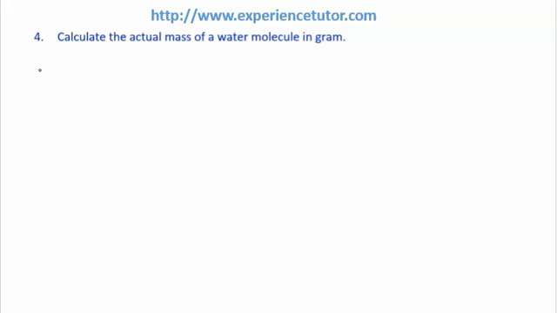We know that molecular mass of water is equal to 18 gram, because atomic weight of oxygen is 16 and there are 2 hydrogens, so 16 plus 2, that is 18 gram.